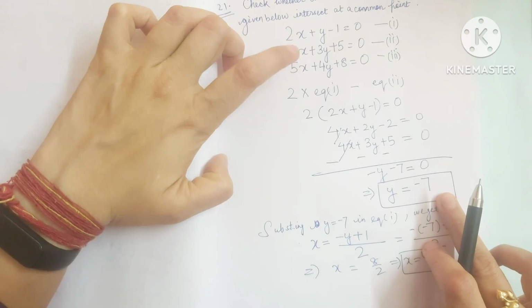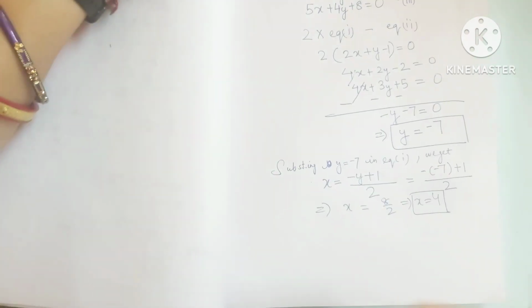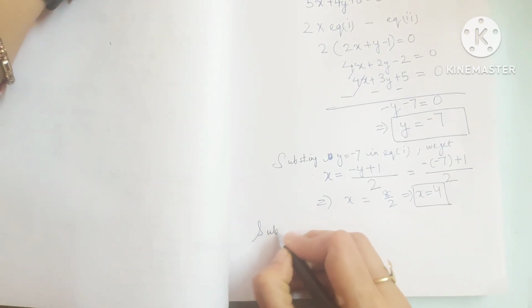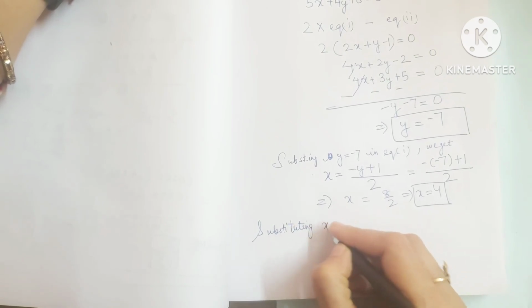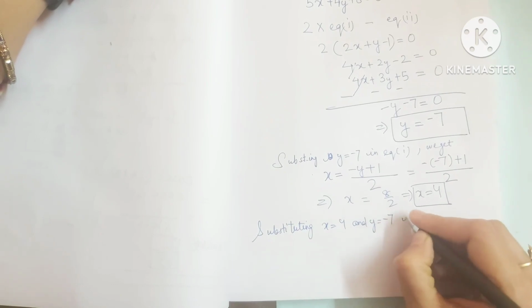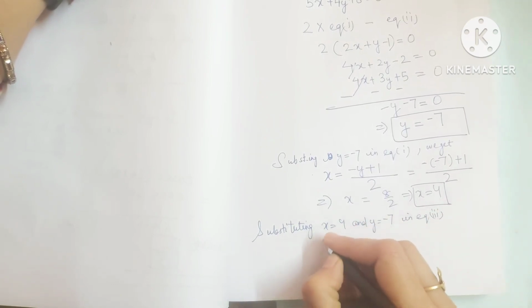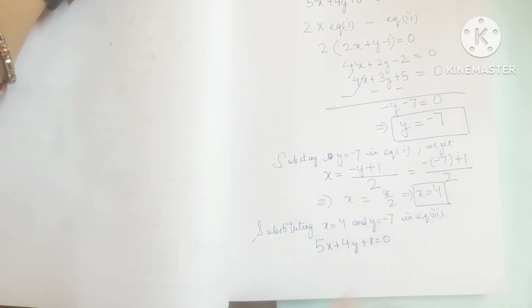Now let's put these values in this third equation. So substituting x equal to 4 and y equal to minus 7 in equation 3. 5x plus 4y plus 8 equal to 0.